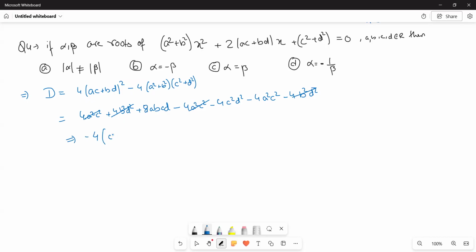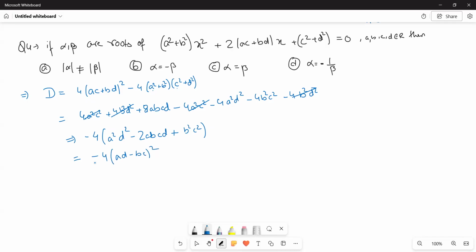So we'll have a square d square minus 2abcd, and then from here will come b square c square, which is like minus 4 (ad minus bc) whole square.